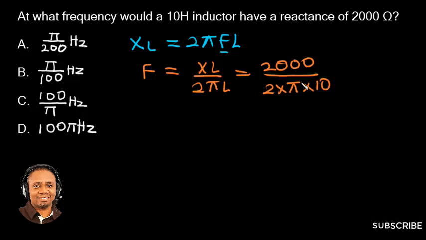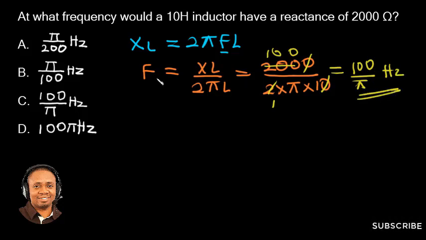So now we cancel the zero, and 2 into 200 is 100. So we are left with 100 over pi hertz. This is the value of frequency. So the answer, option C, is the right answer.